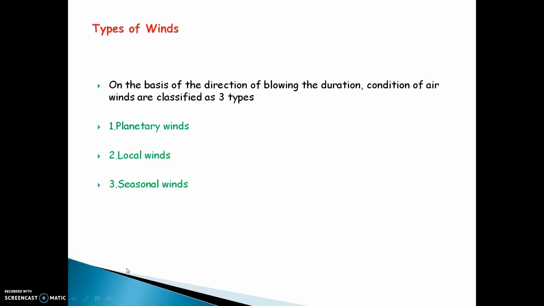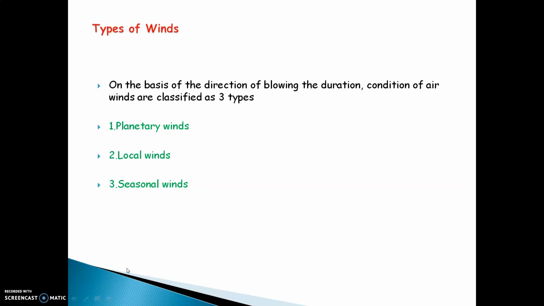I can give you a simple example, seasonal winds. Seasonal winds are the winds which change based on seasons: monsoon season, summer season, winter season. Winds which blow in various seasons are called seasonal winds.